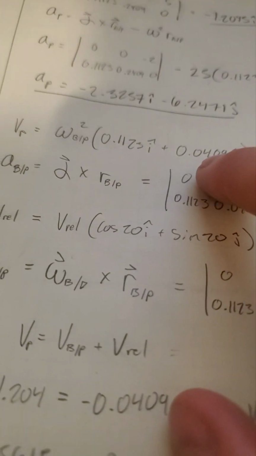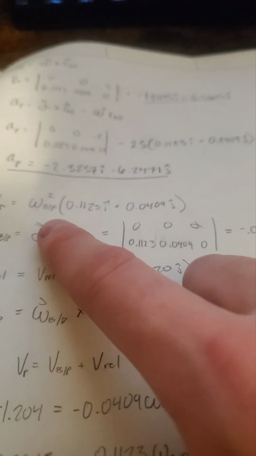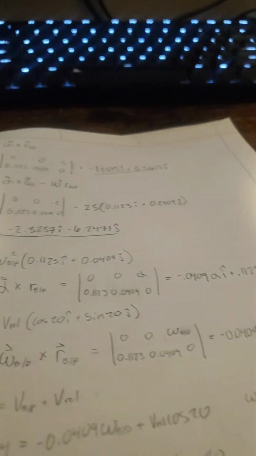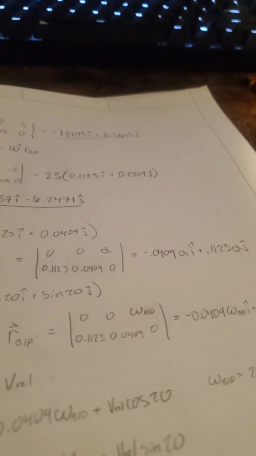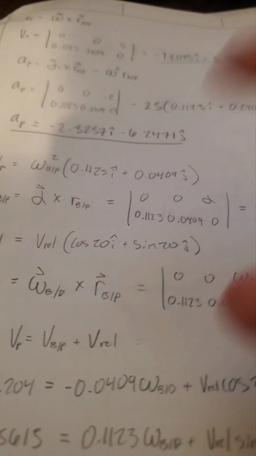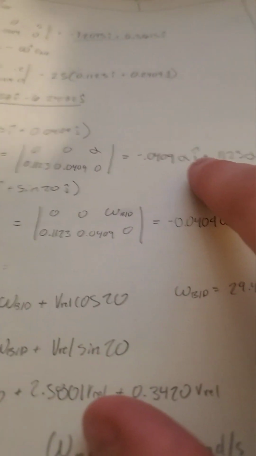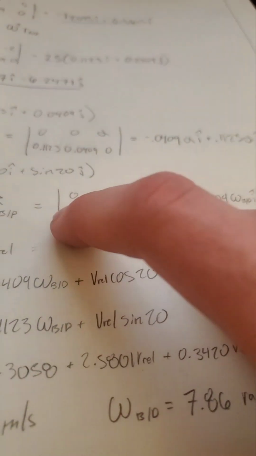So that's going to give us the acceleration at P. And then for the velocity at P, it's basically just the same thing. It's just the angular velocity crossed with the distance vector. And that just returns us a vector with the acceleration as the variable, because we don't know what the acceleration is.